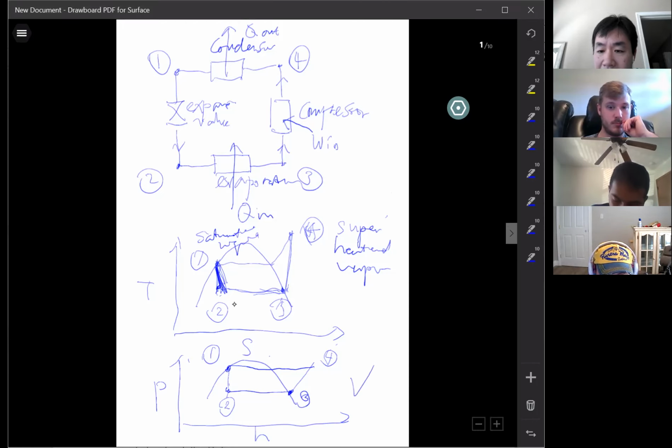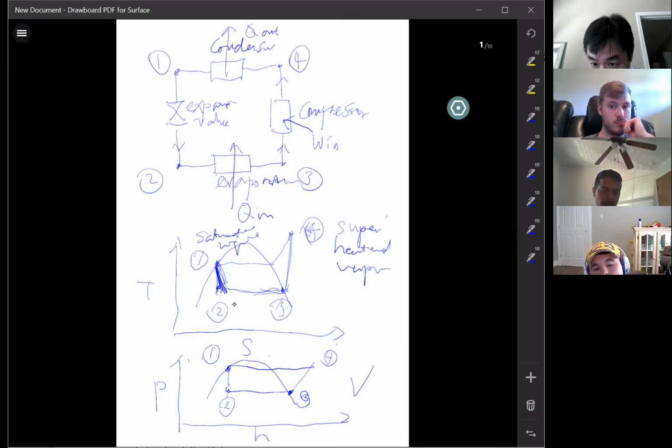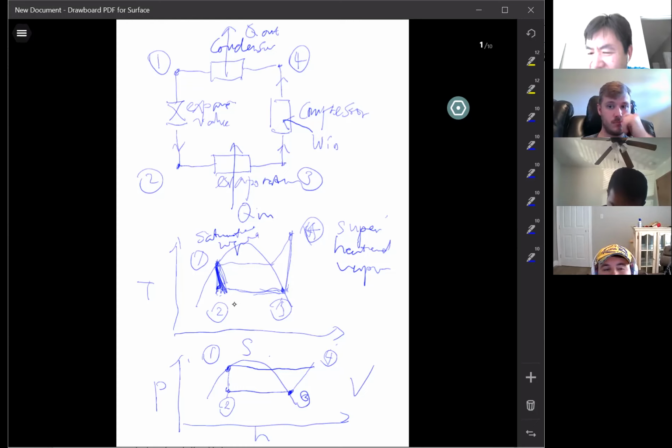By the way, in the experiment, there's only pressure and temperature reading. On the unit, there's no enthalpy meter or something like that. Only pressure and temperature. Can you find the enthalpy based on the pressure and the temperature? That's a task for you.